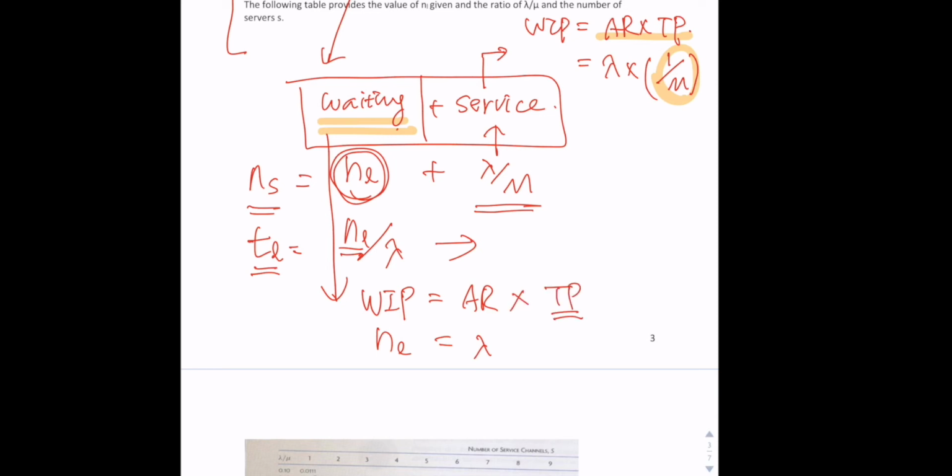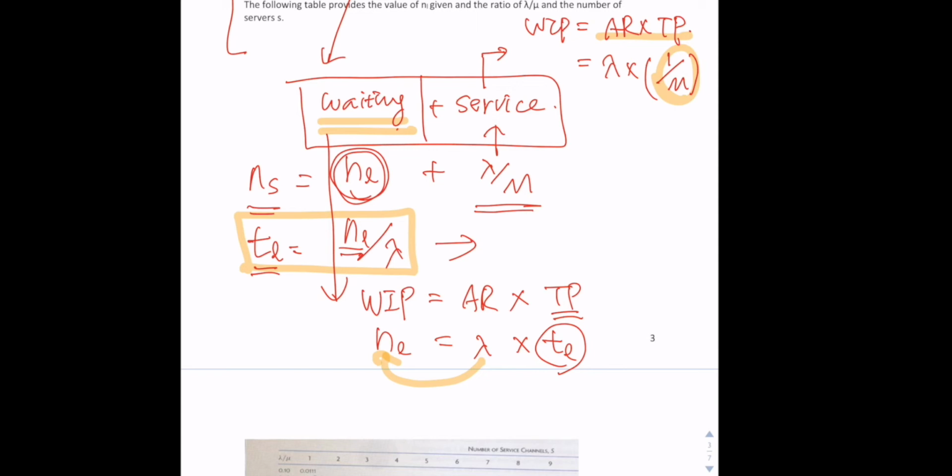What is the throughput time for just waiting? That is TL, right? So from here, if you want to know TL, you just divide NL by lambda. Move lambda and you will get this formula.